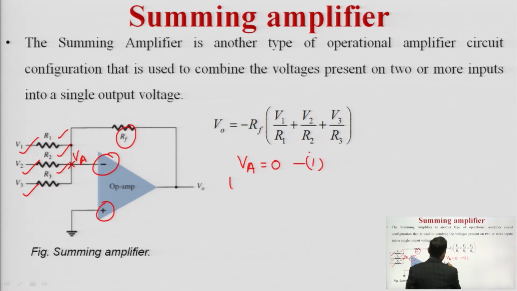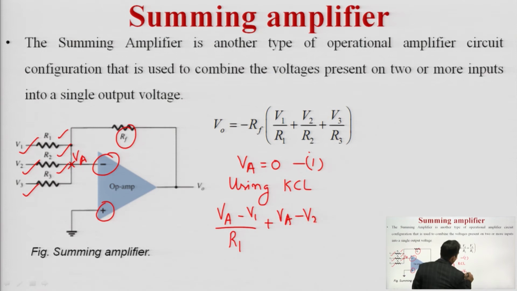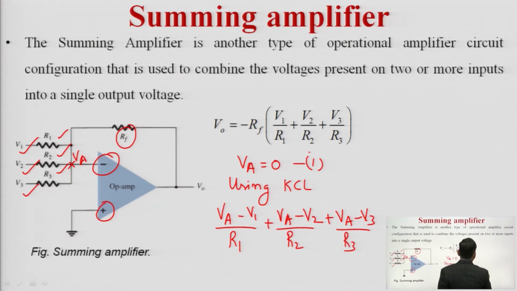And using KCL at this particular node A, what can we achieve? We can achieve (VA minus V1) by R1 plus (VA minus V2) divided by R2 plus (VA minus V3) by R3 is equal to (VA minus V0) by RF.